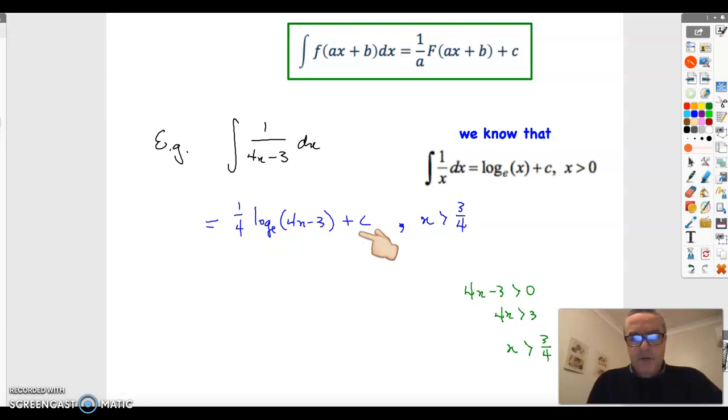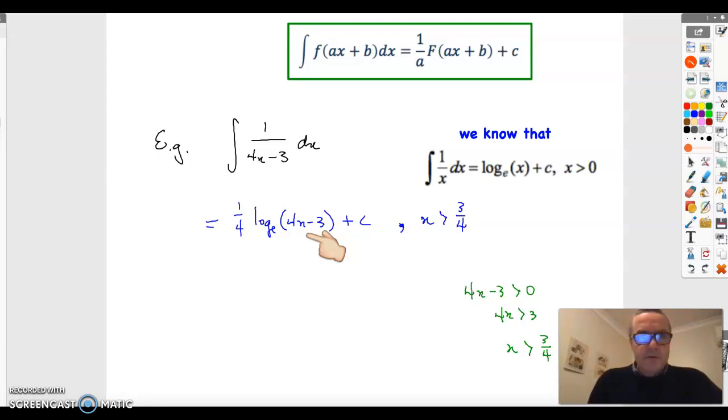Same constant of integration. With this particular rule for a logarithm too, we have this specification that x is greater than 0 for this formula. In this case, that means that 4x minus 3 must be greater than 0. And that sort of corresponds to where that asymptote is for a log function.